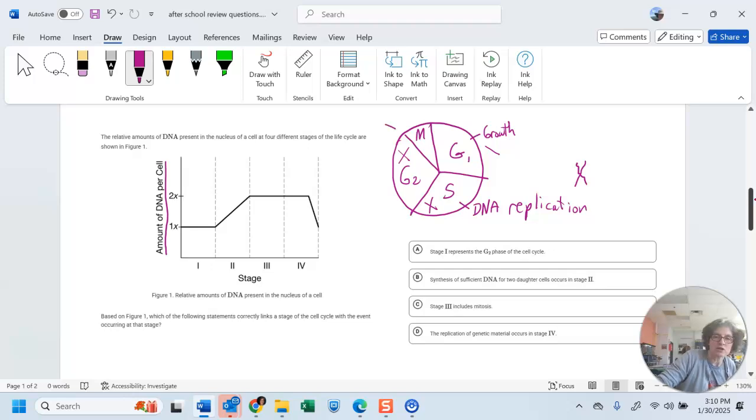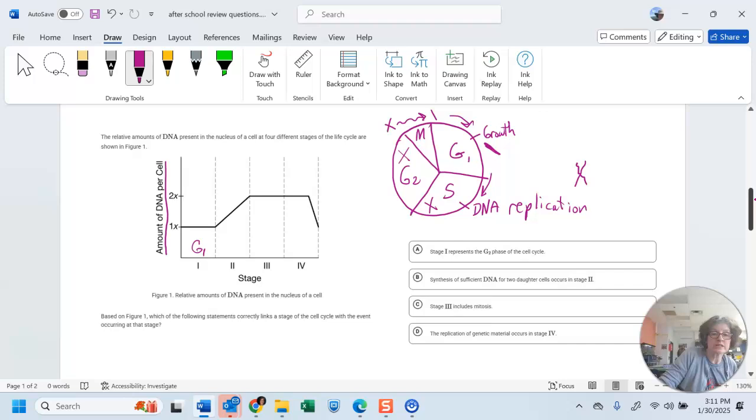And then what happens during mitosis? They get pulled into singletons again, don't they? All right. So knowing that, and knowing that the cell is moving through these different phases, which of these phases in the pie chart do you think stage 1 is? Most likely this is G1, right? Where there's only a single chromosome, nothing's been doubled yet, right? Okay.